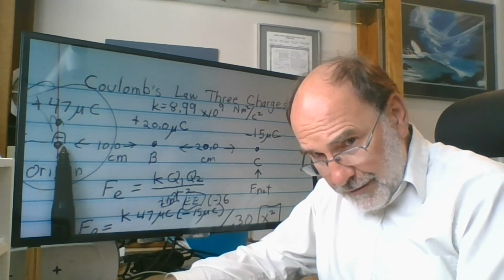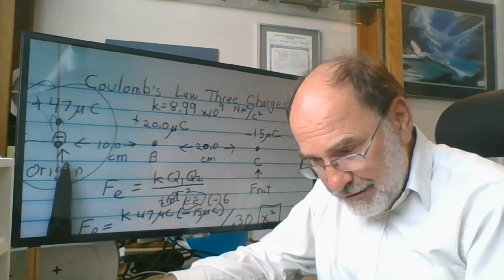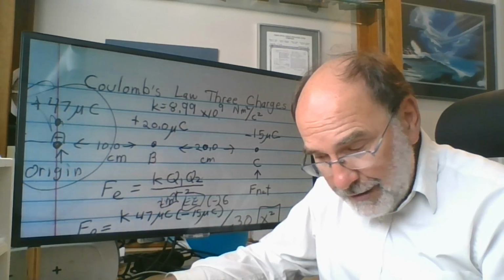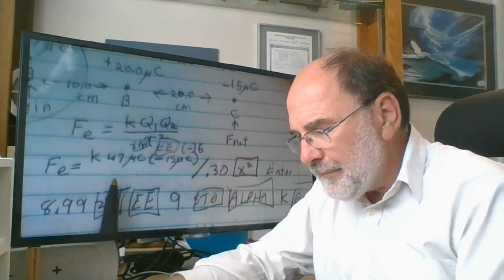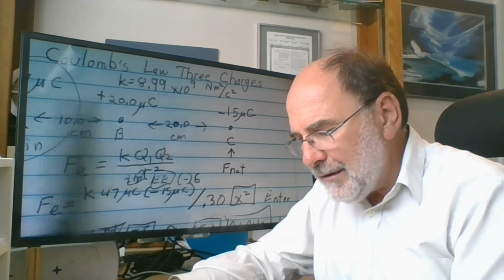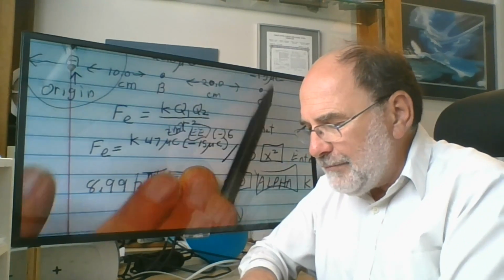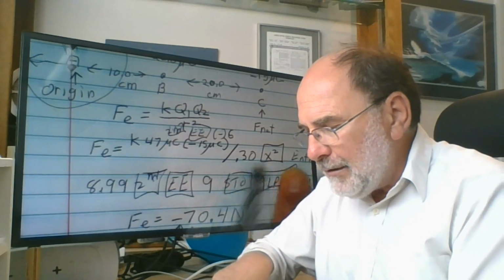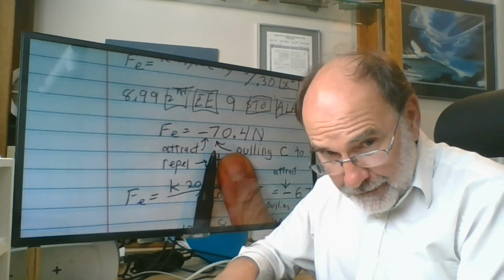Look, the force of C on A is the same as the force of A on C, and that was the very first calculation we had done back in the first problem. We did Coulomb's constant times 47 microcoulombs times negative 15 microcoulombs divided by 0.3 meters squared, and we got negative 70.4 newtons.